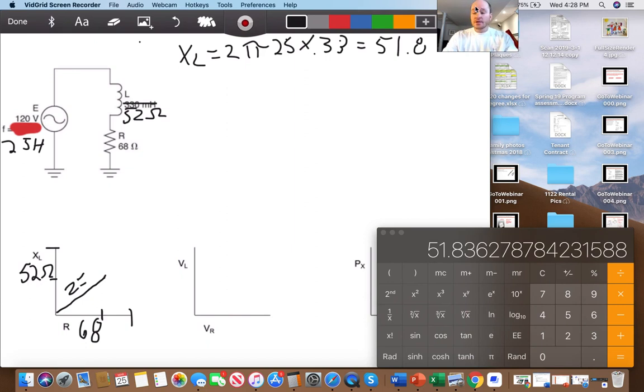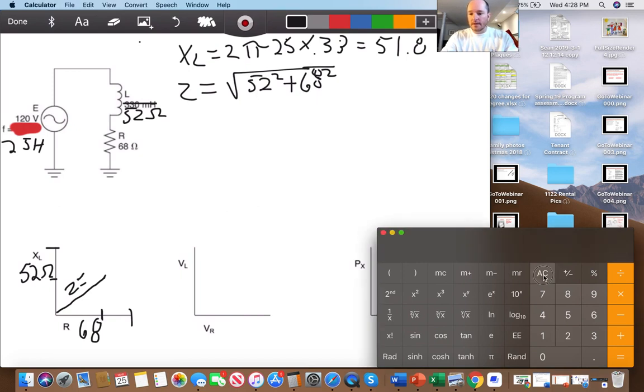So now let's go ahead and calculate out Z. And that is going to be the square root of 52 squared plus 68 squared. Let's go ahead and put this into my calculator here. 52 squared plus 68 squared equals, come over here, take the square root.